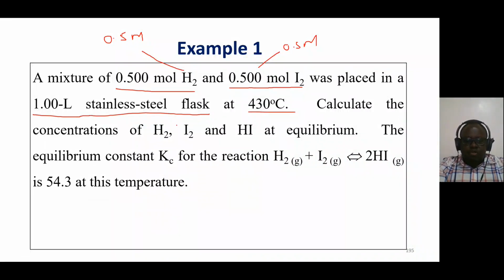Calculate the concentration of hydrogen, iodine, and HI at equilibrium. So of course, these being the initial concentrations, they would react to form HI until an equilibrium is established. At equilibrium, the three species will exist. So the question is, what are the concentrations at equilibrium? Given that the value of Kc is 54.3 at this temperature.